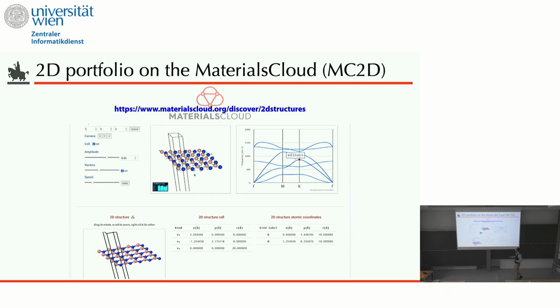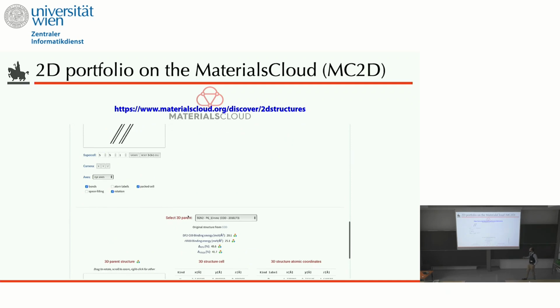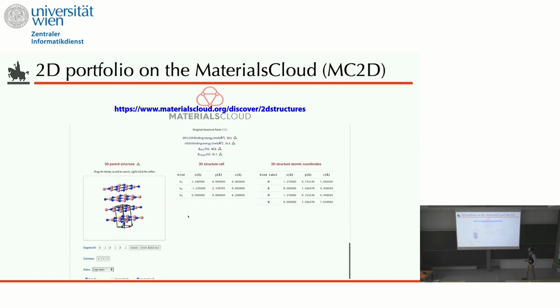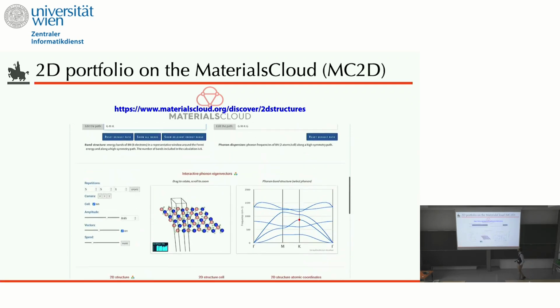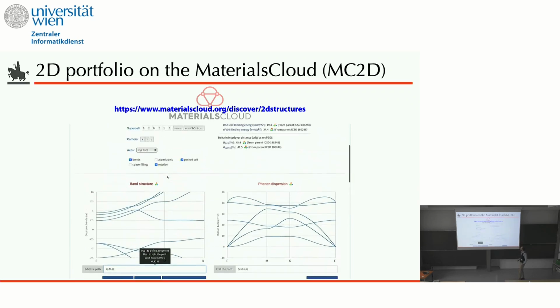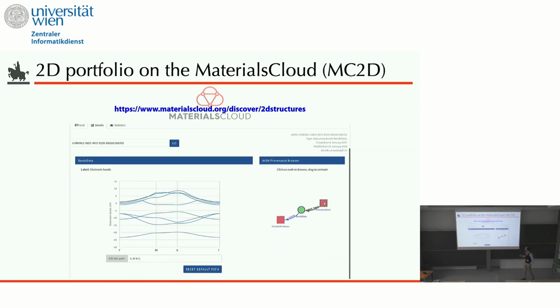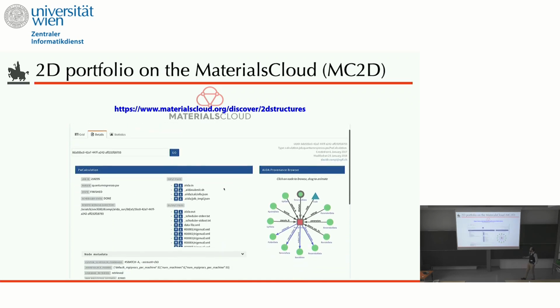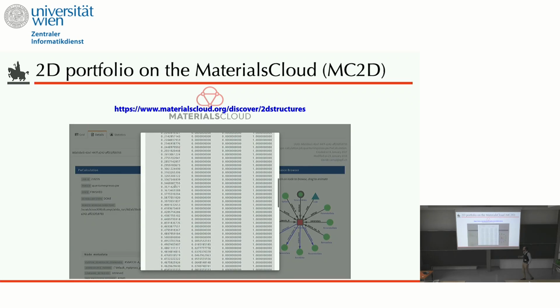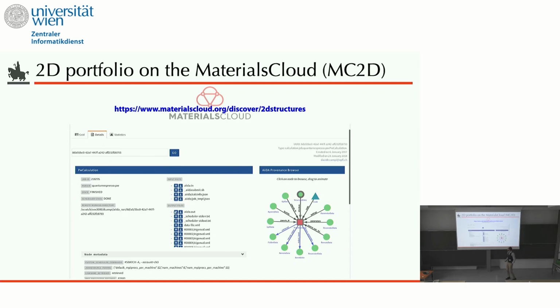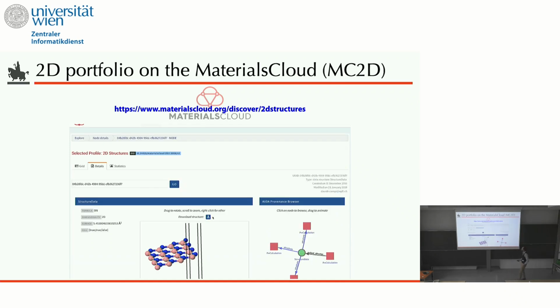And if you're interested, you can check the original parent compound from which this 2D layer was extracted. And for those of you into simulations, you can even see how the calculation was done, and download the input file if you want to reproduce these calculations.